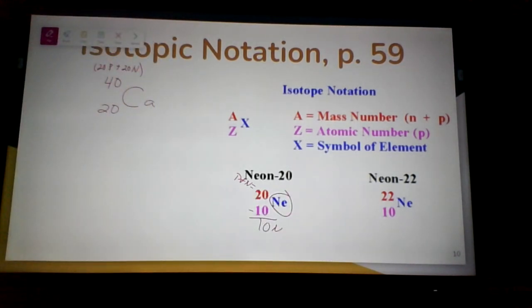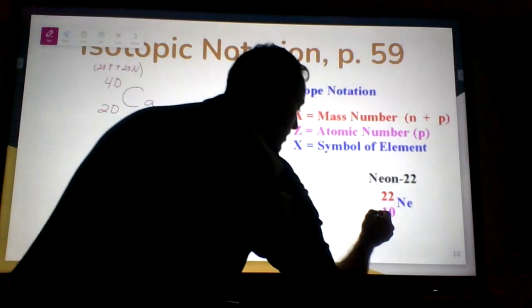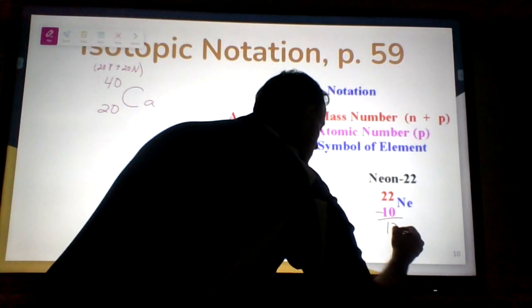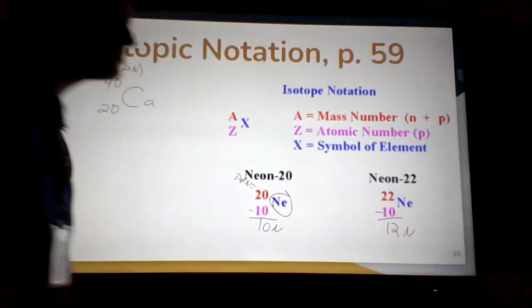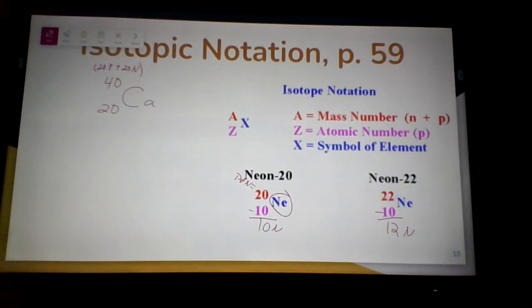Takes some practice to get used to, but look at the neon 22 over here. Atomic number of 10, bottom number. Top number is a total mass. Well, atomic is 10, so how many neutrons in this atom of neon? 22 minus 10, and already looks like a little kid subtraction problem. 12 neutrons for an atom of neon 22, an isotope.